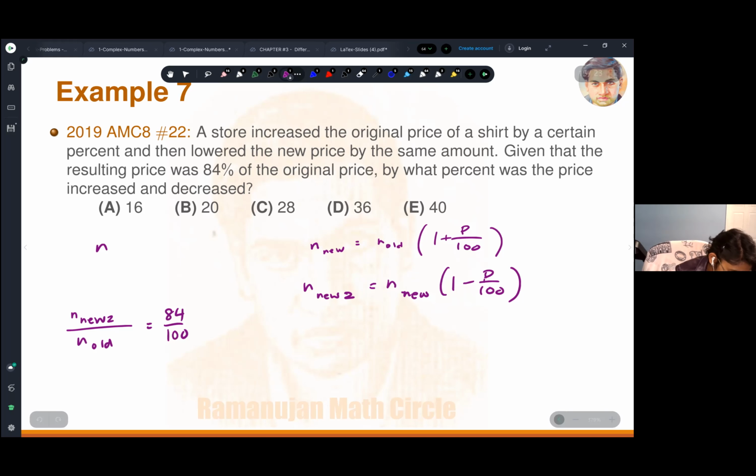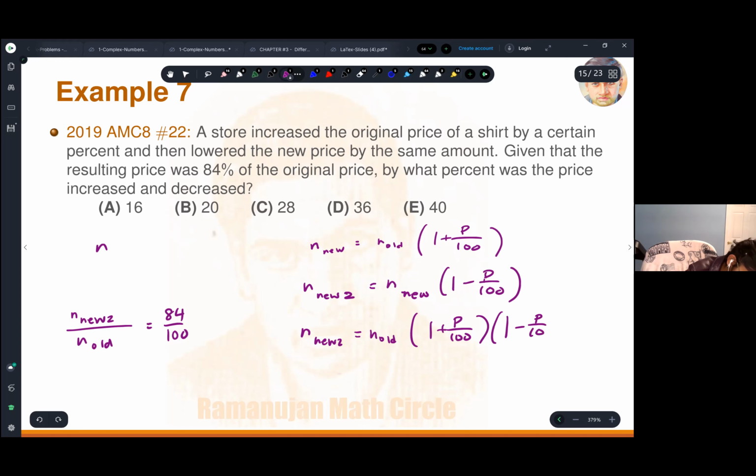One thing we're going to do here is substitute for n new. So n new 2 is equal to n old times 1 plus p over 100 times 1 minus p over 100.